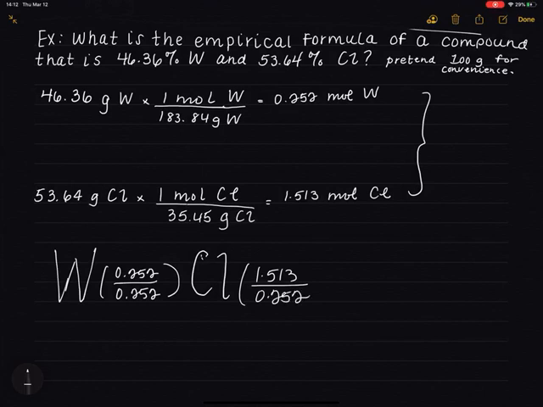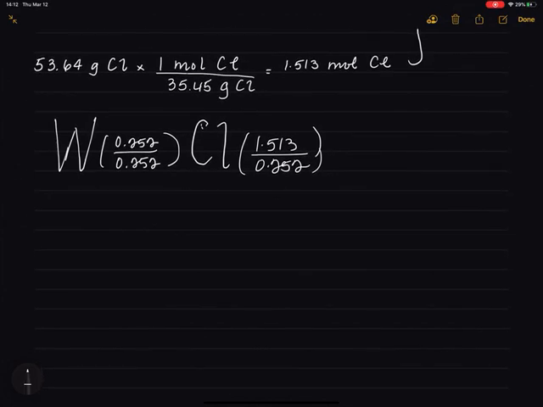I get a 1 and I get a 6. What does that tell me? 1 mole of tungsten and 6 moles of Cl, so those become my subscripts: WCl6.